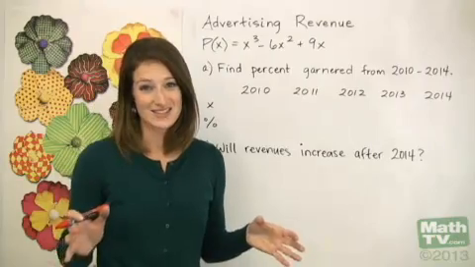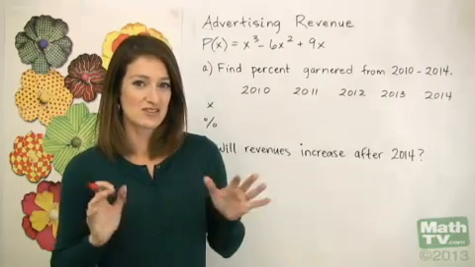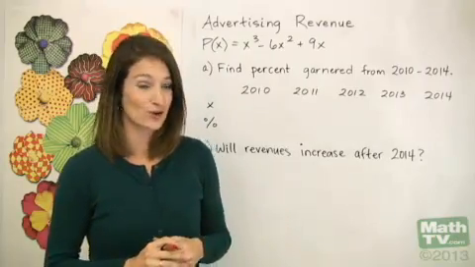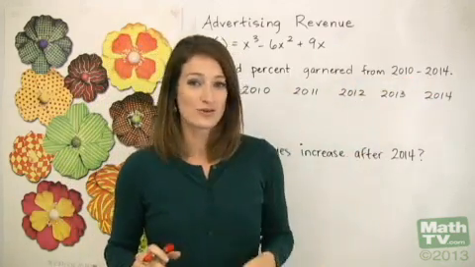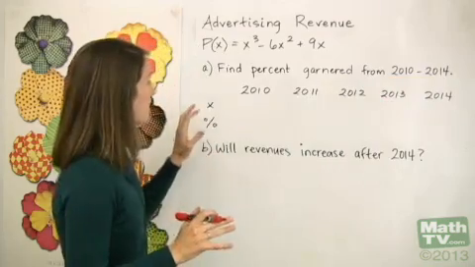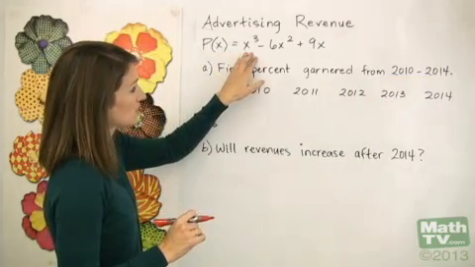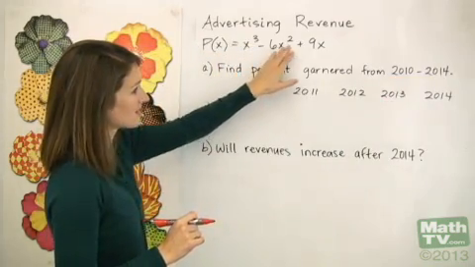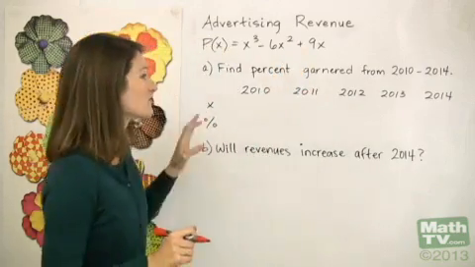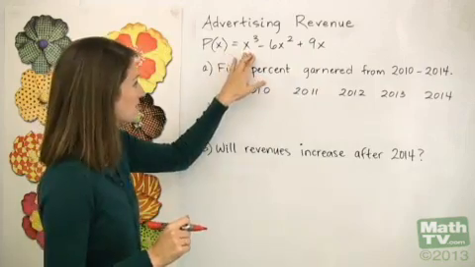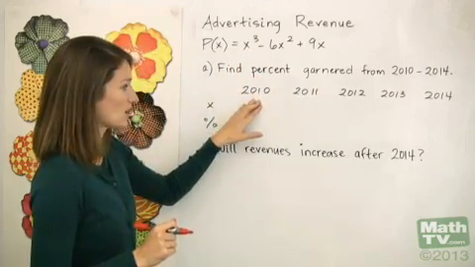So let's try one final example that works an application problem. Okay, suppose you're asked to find the percent of revenues that a certain social networking site garners from the years 2010 upwards to 2014. And that percent is given by the function x cubed minus 6x squared plus 9x. So the first thing that we need to do is fill in a table where x is the number of years since 2010.